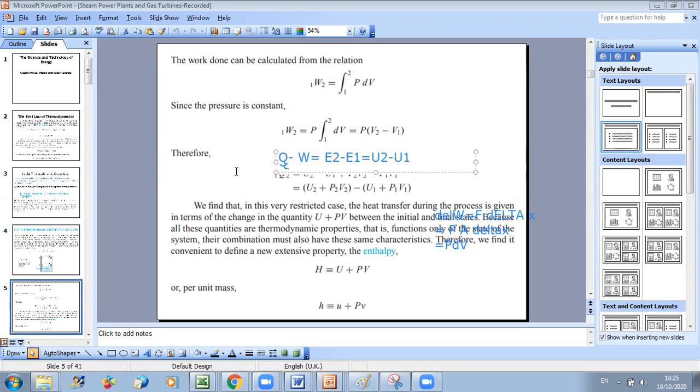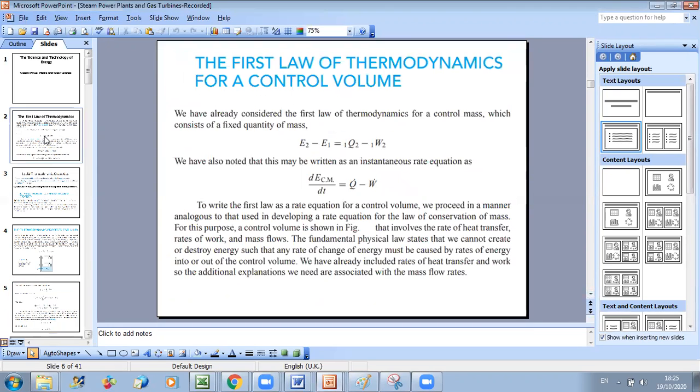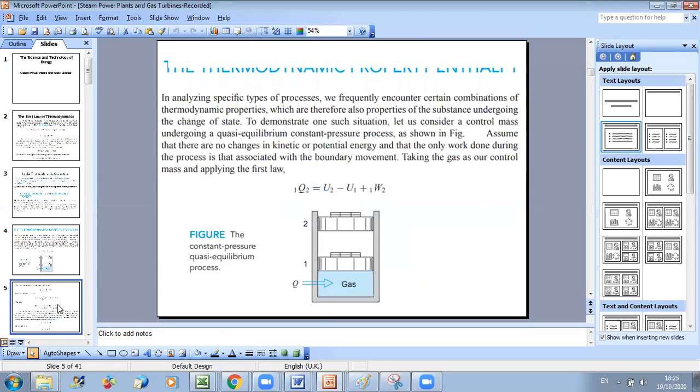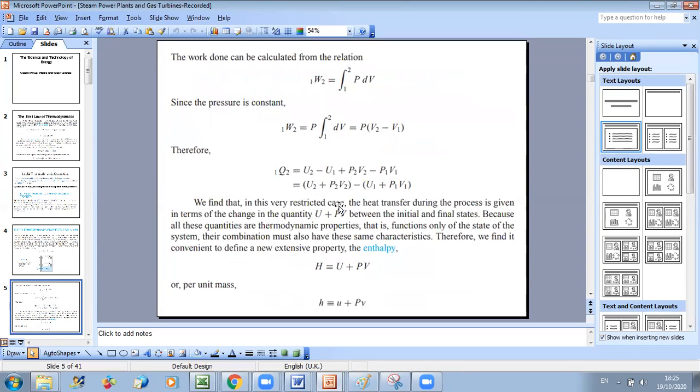Now I have that the energy I provide to the system, Q12, is equal to U2 minus U1 plus my work.